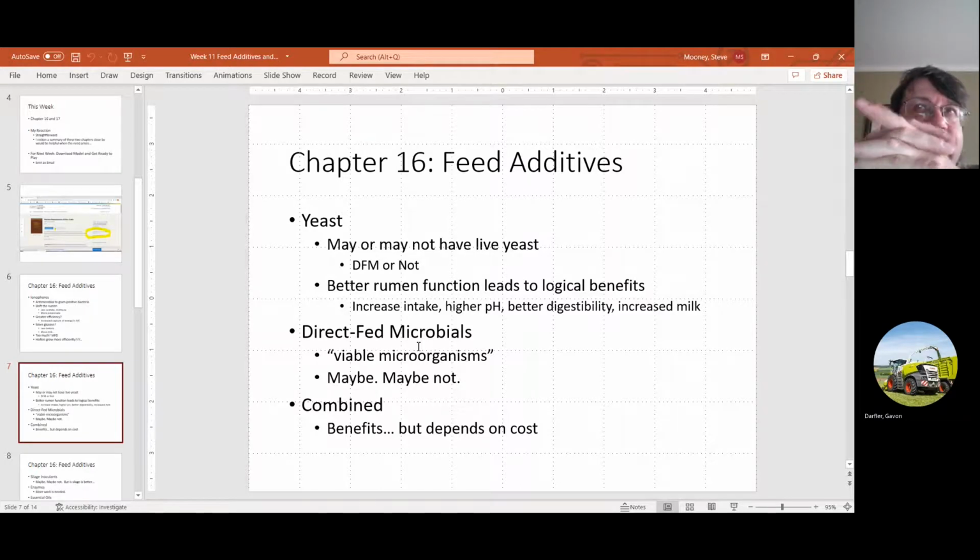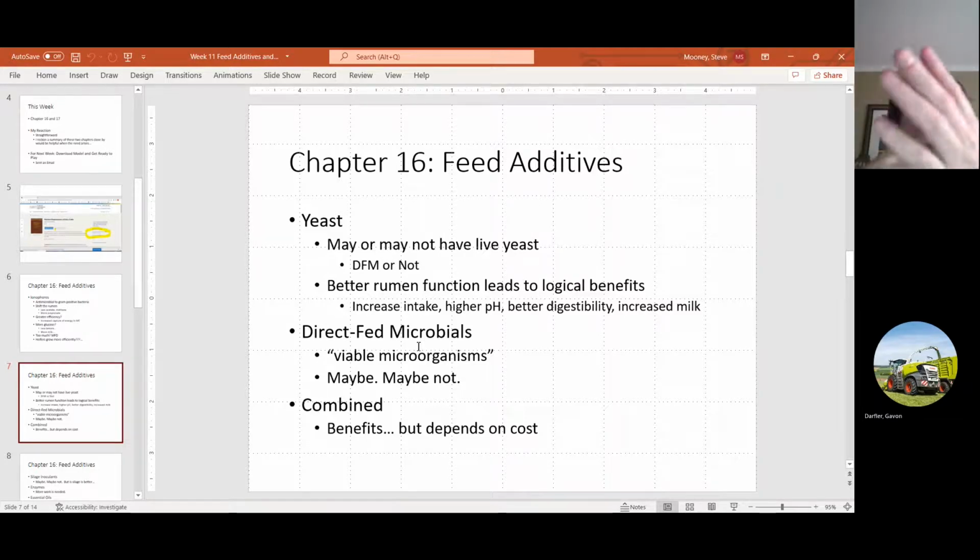But the bodies of the yeast almost become like micronutrients for the microbes in the rumen. If the microbes don't have to make their own vitamins and probiotics, they get them from dead yeast. There's an efficiency to that.